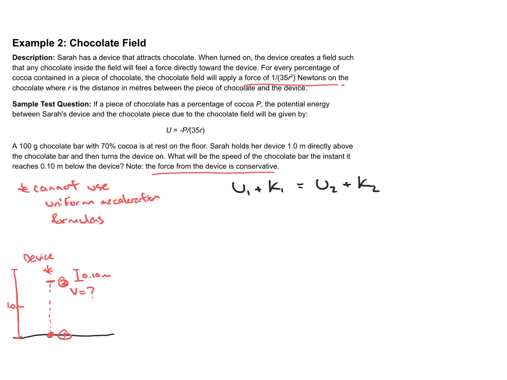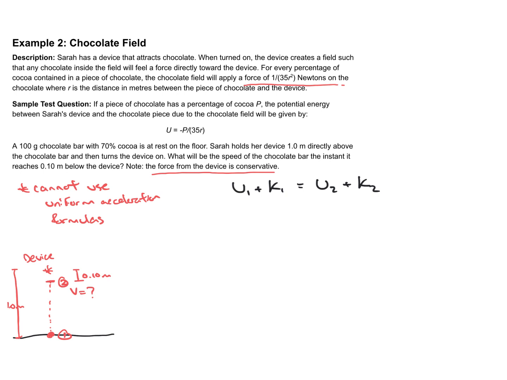However, for the U part, the potential part, we have to be careful. There's actually 2 different potential energies involved. There's one for gravitational potential energy, because this chocolate bar has mass. There is also one for this make-believe field. So there's a chocolate potential energy as well.